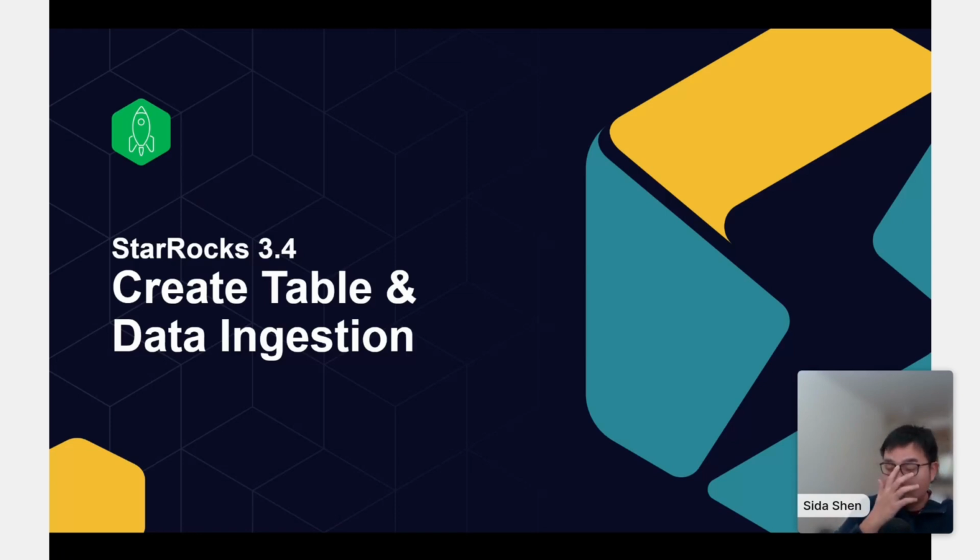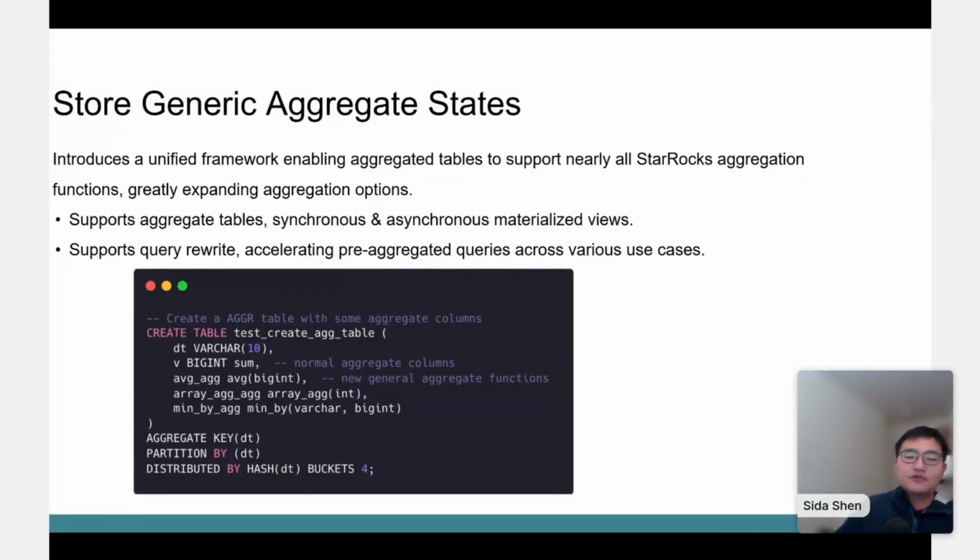And now let's talk a little bit about create tables and data ingestion. This is related to StarRocks' own storage engine. First is storing generic aggregate states. It's a long name. Basically, the problem with StarRocks aggregate tables was that they only supported a few kinds of aggregate functions, something like sum, min, or max, and only a few more functions were supported.